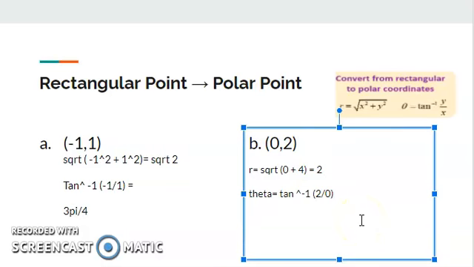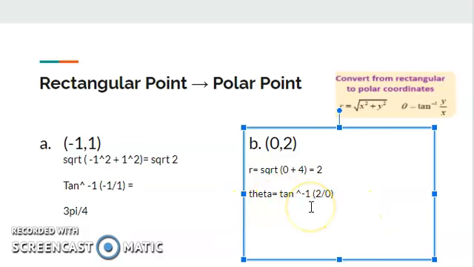Now, instead of doing our tan inverse here, we can't do this because 2 over 0 is undefined. But we can infer that this is going to be a point on the unit circle where tan is undefined, and if you picture the rectangular point 0, 2, that's on the y-axis. It's 2 units above the pole.